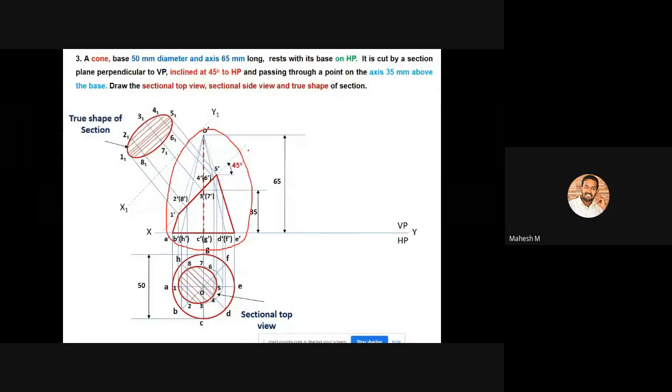revolution method. With the help of the revolution method, we can generate cones, cylinders, and spheres. For example, if you create a 2D structure like this triangle, then rotate this 2D structure about a center axis, this one is the center axis, then in the revolution method you can generate a cone.